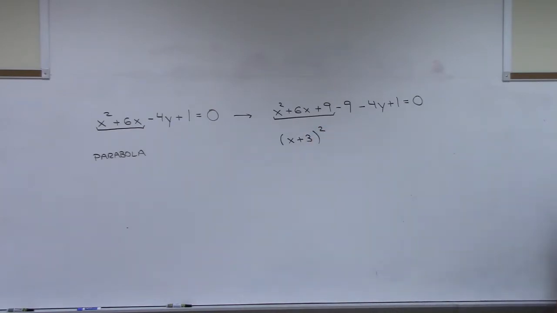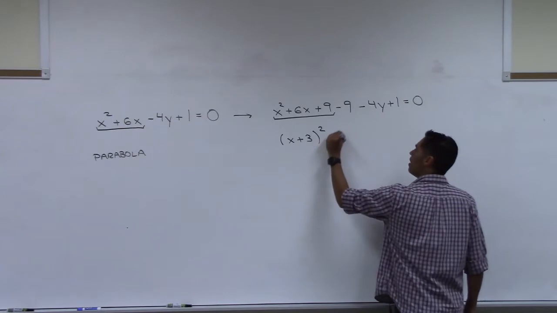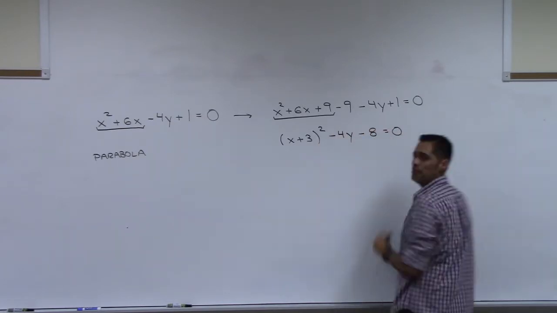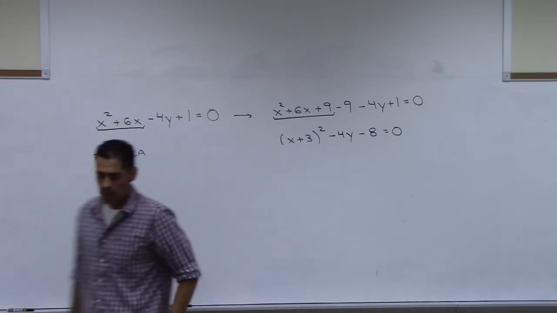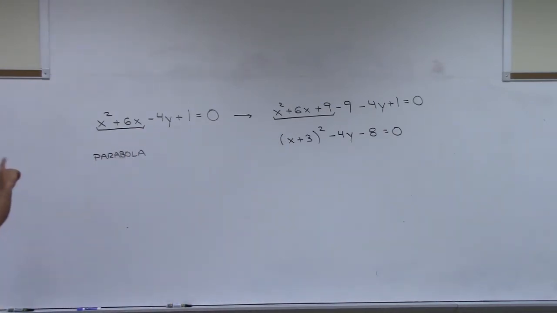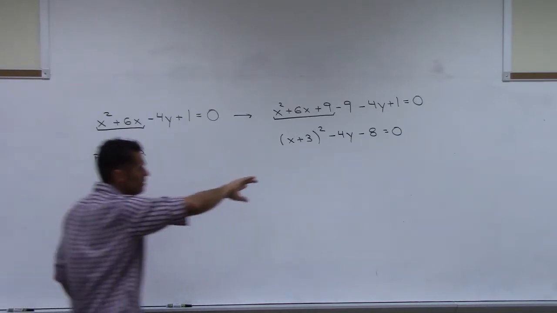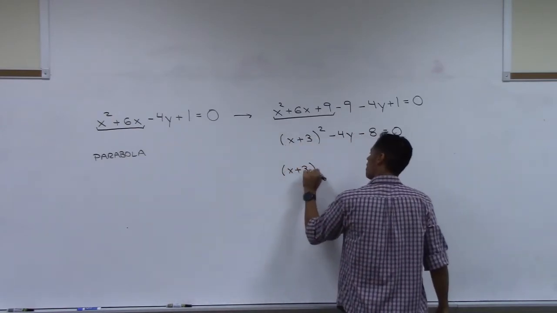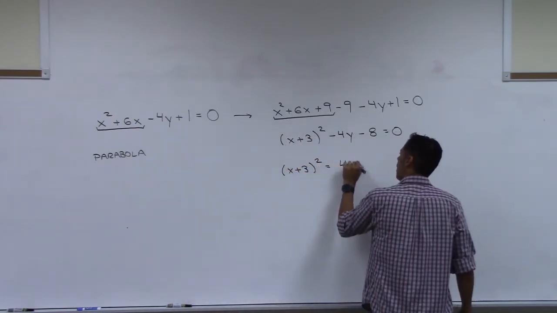And then the rest of it I can put together. I have minus 4y and then minus 8 equals 0. Is that all right, everyone? Okay, I'm good. All right, I'm going to move the y stuff and the 8 to the right-hand side, this stuff all to the other side. And that's going to make it positive.